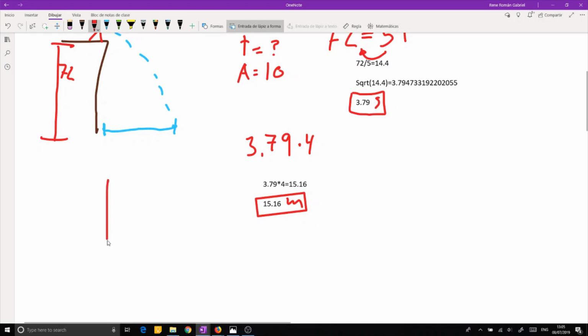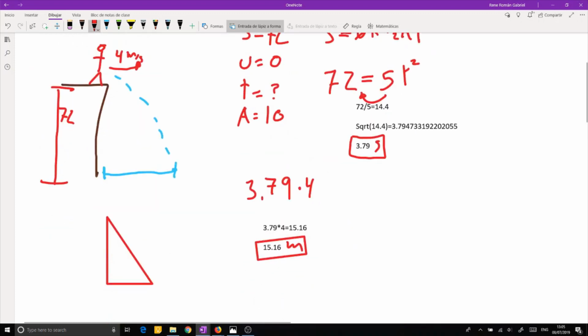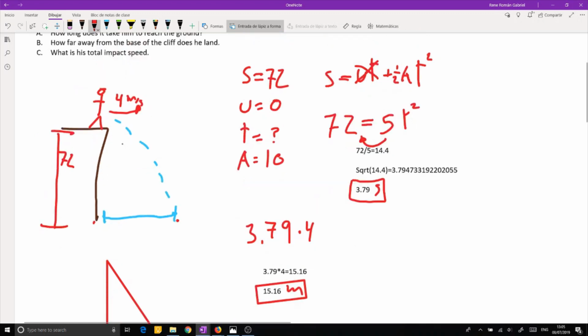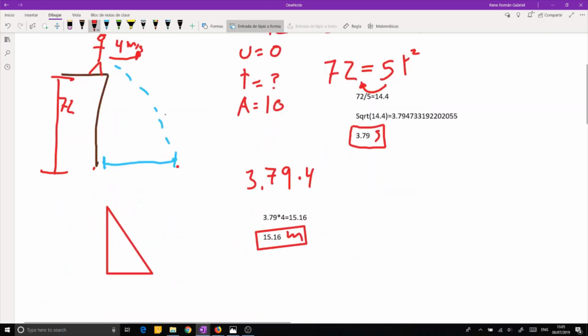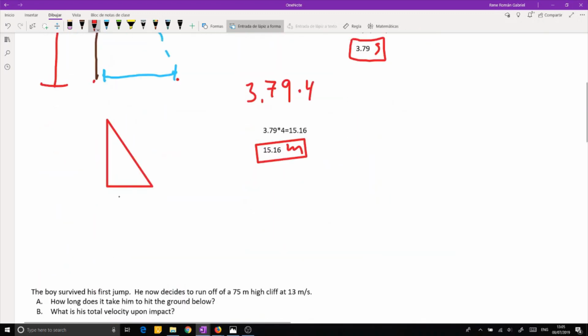We make a triangle of how his path would be, like this. Then we put his horizontal velocity upon impact, and his vertical velocity upon impact. Horizontally, it's really easy. It's just 4 meters per second. So let's put 4.